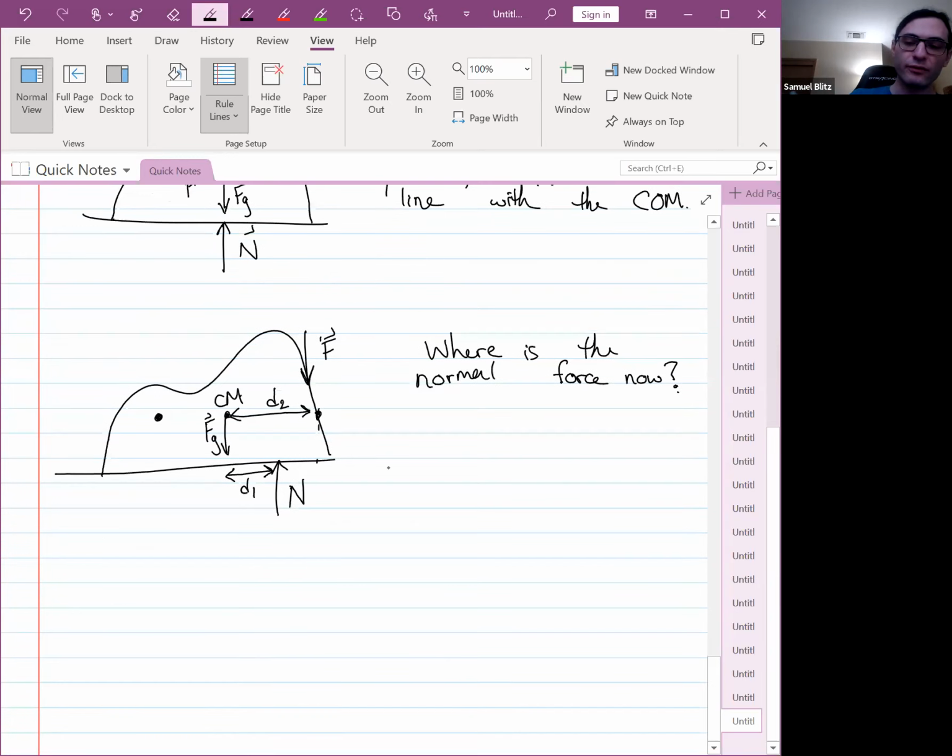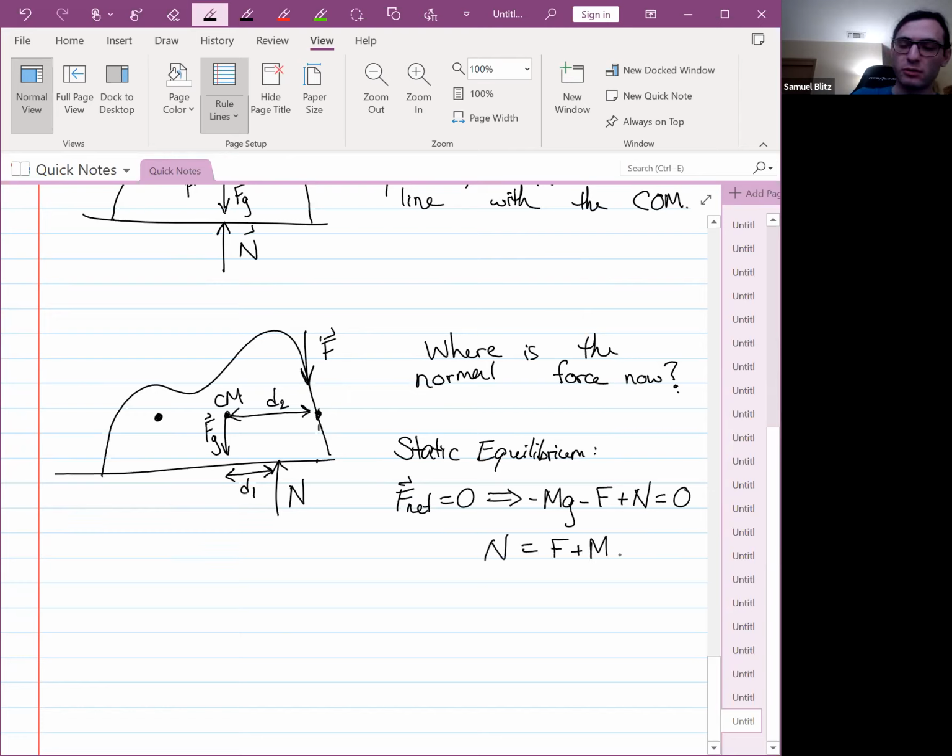Static equilibrium implies the following: F net is zero, which means that, choosing up as positive and down as negative, negative mg minus F plus N should be equal to zero, which tells us the magnitude of N. N is F plus mg.